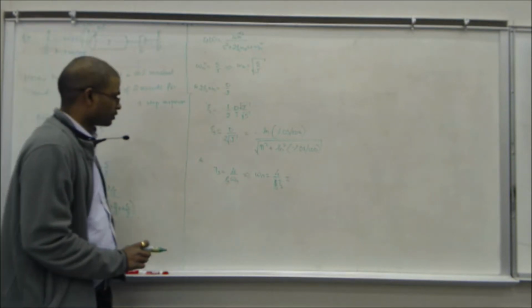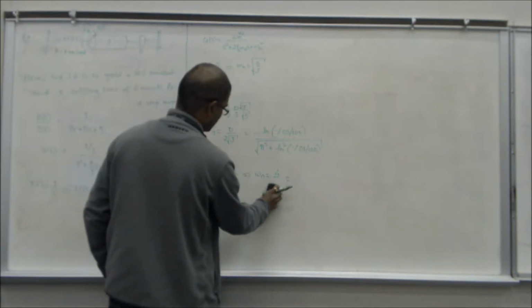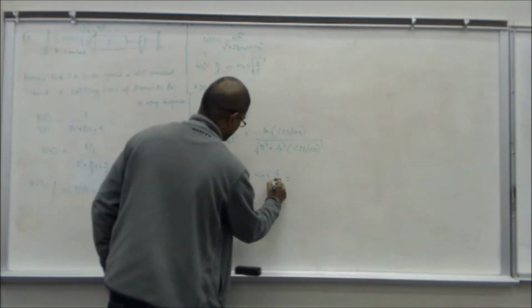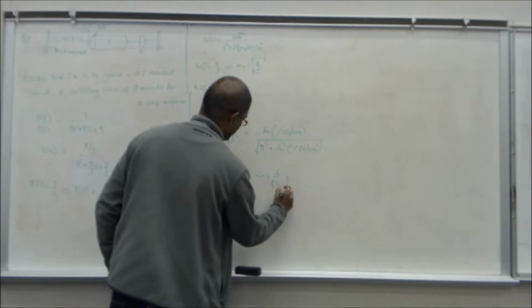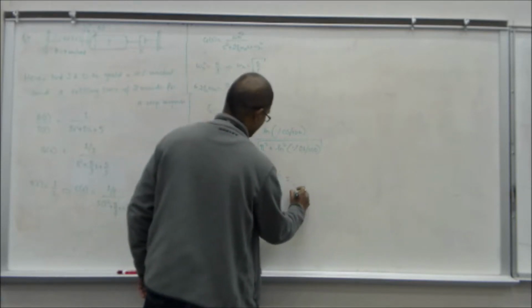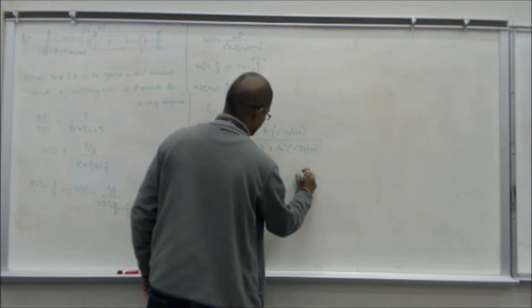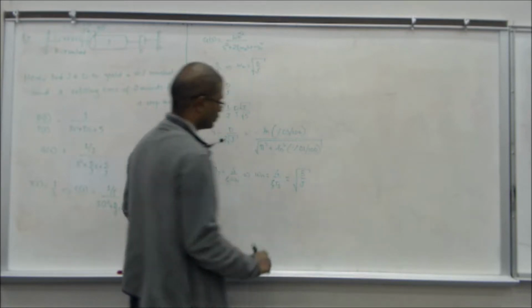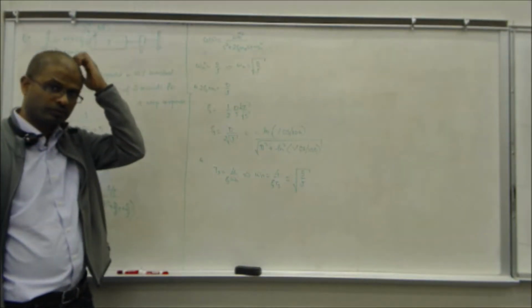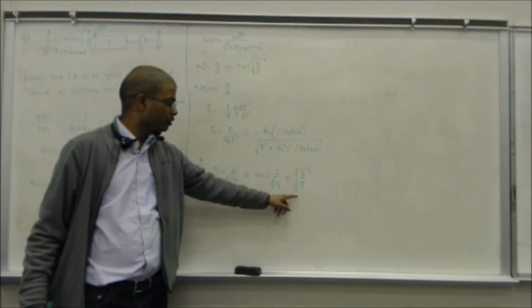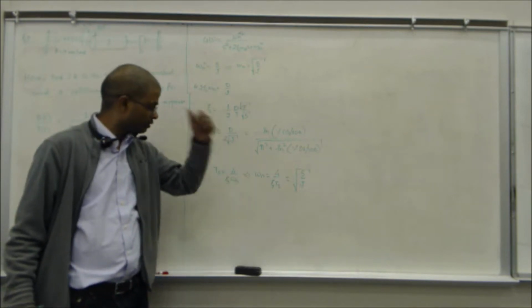You have this, root of 5 over J. You don't know what J is, you don't know what zeta is, correct?